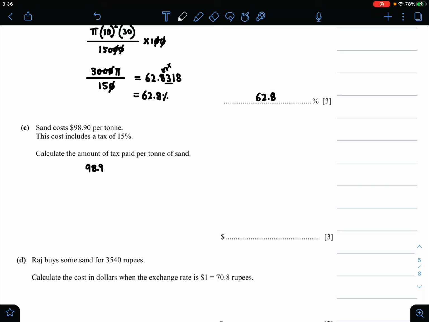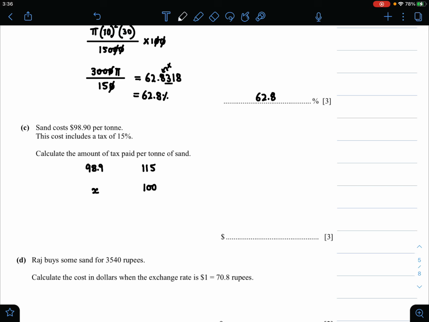So 15% on the original cost would technically be a 15% increase. So a 15% increase would be 115 out of 100. So if 115 would be for the total cost, 100 would be the original cost.